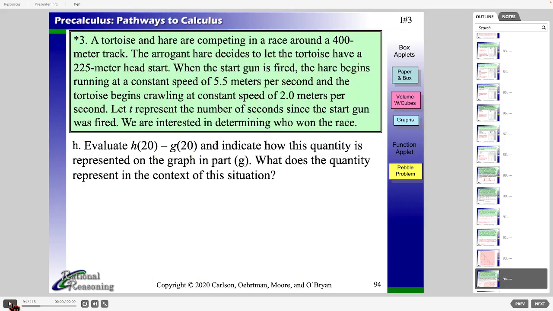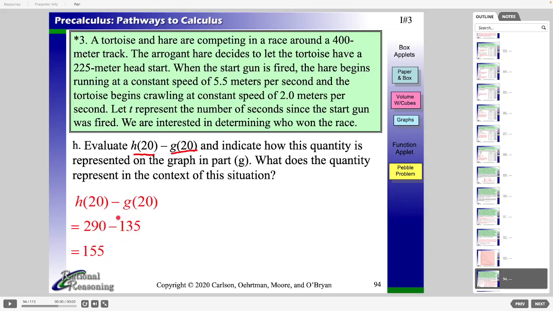So evaluate h of 20 minus g of 20. That was shown on the graph, and that'll show the distance. Again, h of 20 is the distance of the hare to the finish line, and g of 20 would be the distance of the tortoise to the finish line after 20 seconds. It's going to give us the distance between the two. So how much of a lead does the rabbit still have? We could calculate that from the graph.